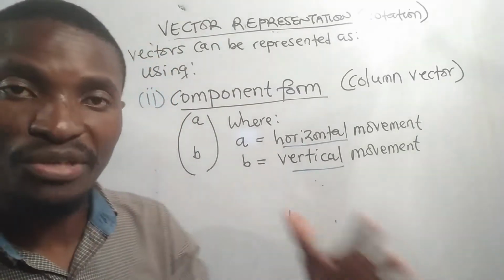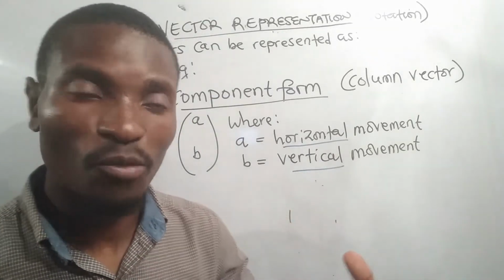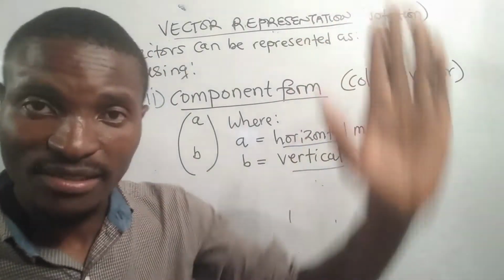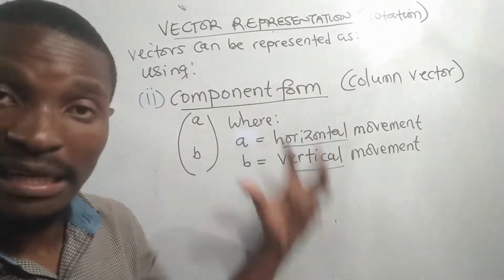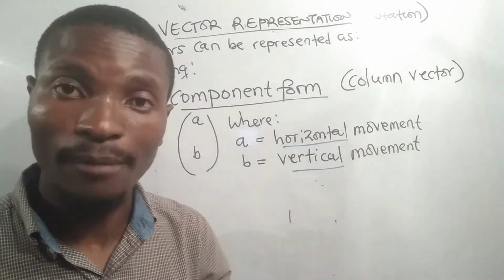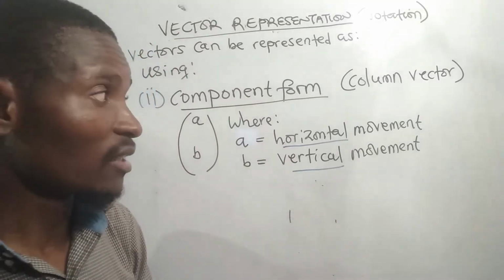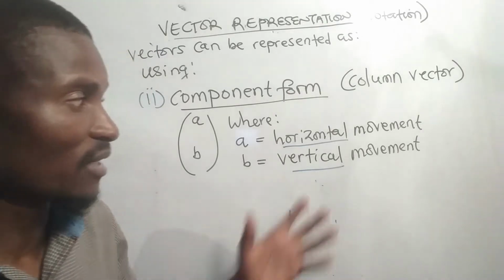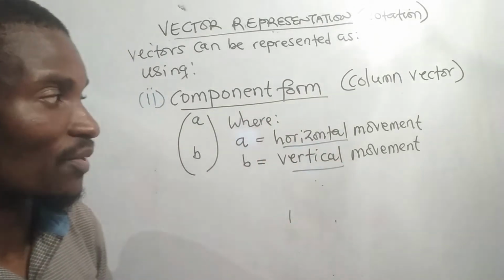And then B is a vertical movement, which is just the y-axis. You will see that in the upcoming videos when we start showing vectors on a graph paper, so don't worry about these new words, vertical and horizontal.